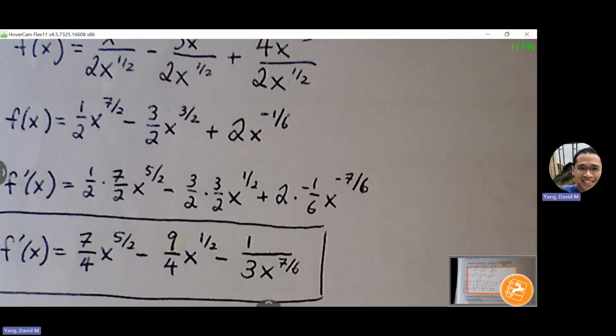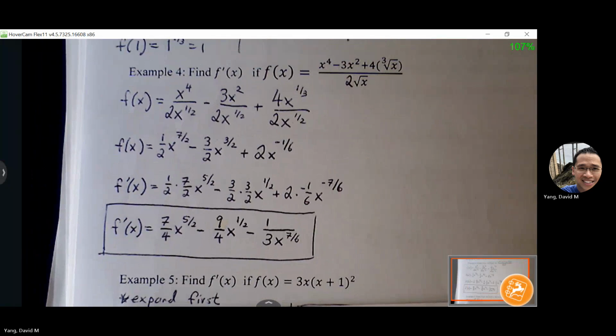I did 3 times 3, which is 9, and 2 times 2, which is 4. This is almost just about as far as a power rule problem can get. So if you can do this, that's really good. But we'll get more practice with this.